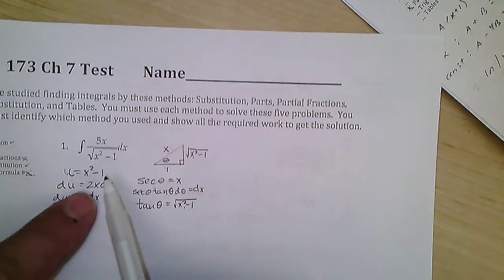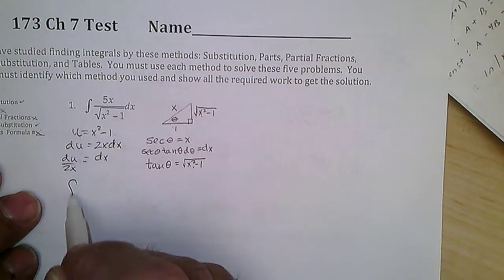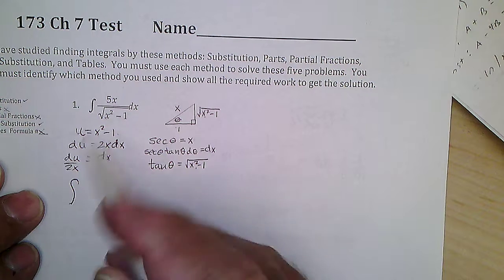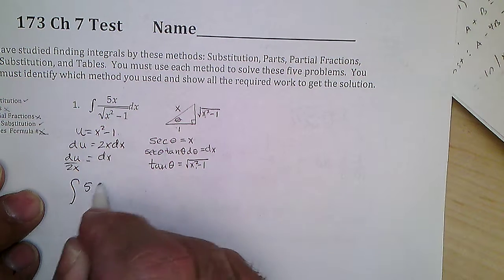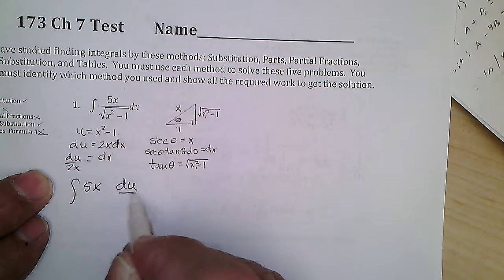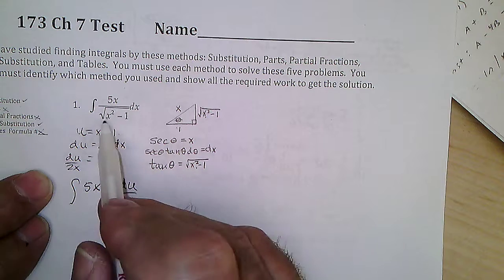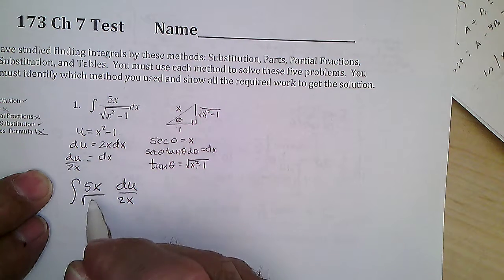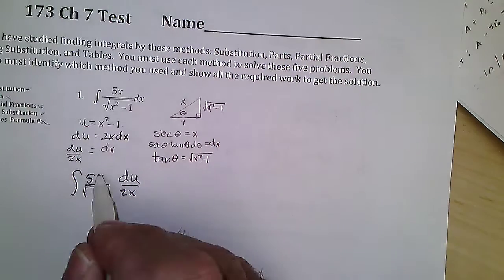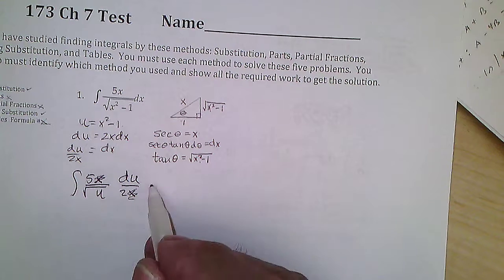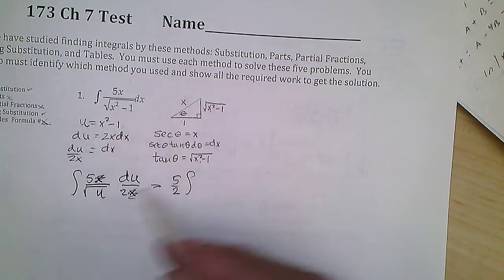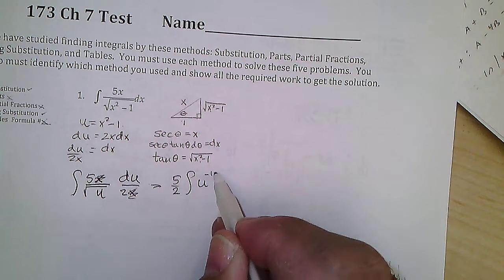And this one we should do with substitution. Let u equal this. This comes to that. So we'd have the integral. If you use that, it's 2x. We got 5x. dx is going to be replaced with du over 2x. And we'd have the square root of u. The x's cancel out. We can pull out the 5/2. This is u to the negative 1/2.